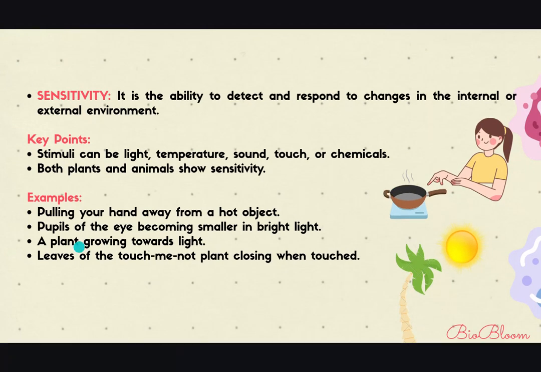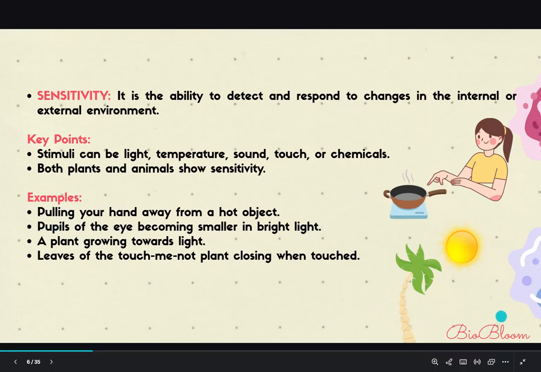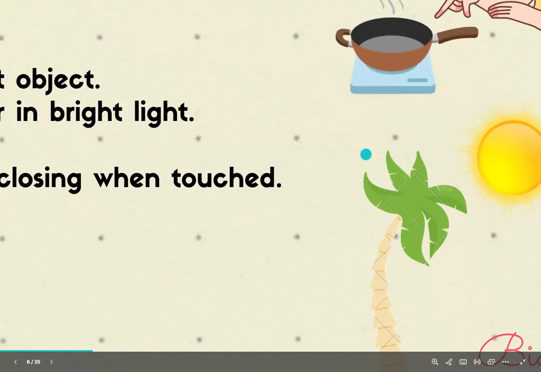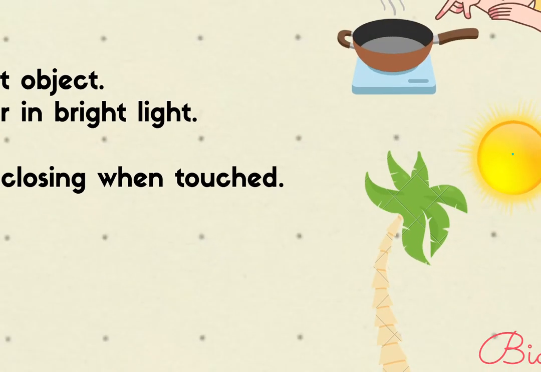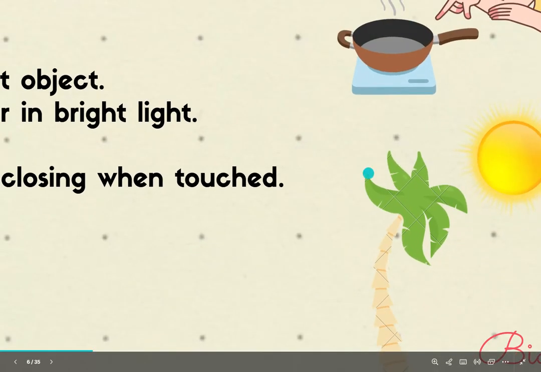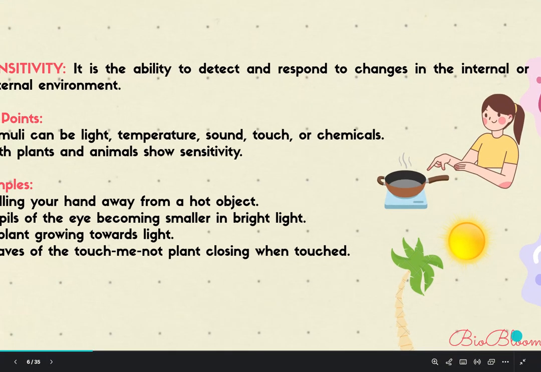All right. Now, another example over here: how do plants show sensitivity? As you can see over here, this is a palm tree, and this is the sun, and it is bending towards sunlight. So this is obviously an example of sensitivity. Why?